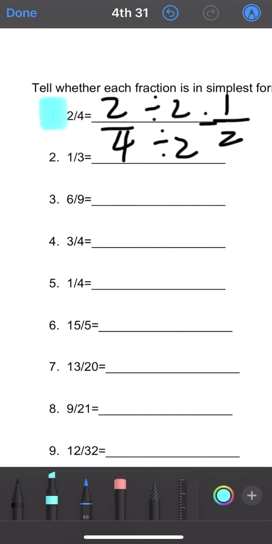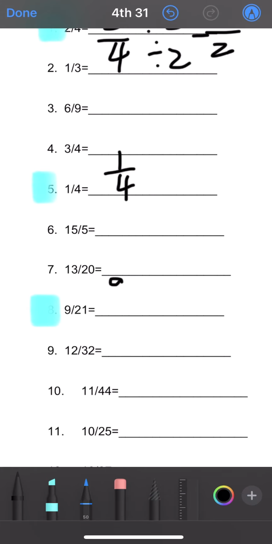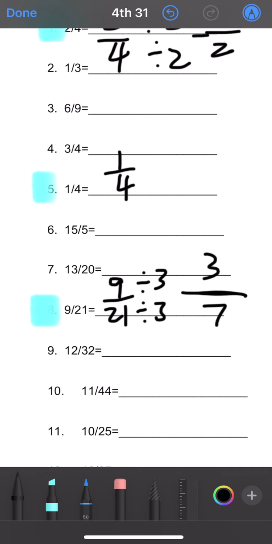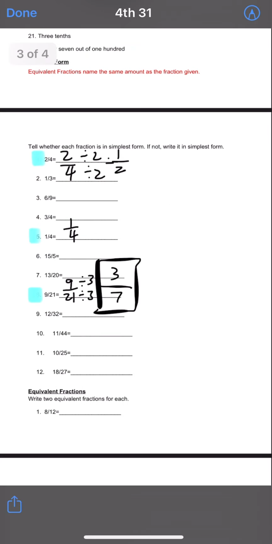I'll be doing number 5 and number 8. 1/4 is in simplest form, so we can just leave it as is. Number 8, we have 9/21. We can divide top and bottom by 3, and we get 3/7, which is now in simplest form.